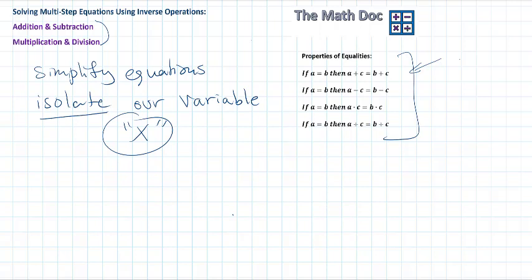But we have the addition property, the subtraction property, the multiplication property, and the division property. All of these help us simplify equations where we choose to use operations that are inverse to those in the equation.